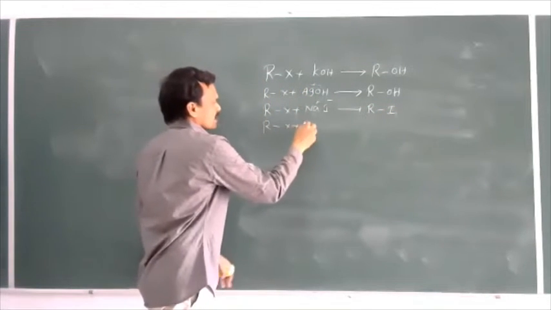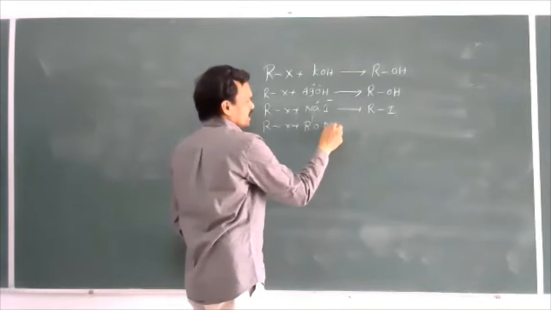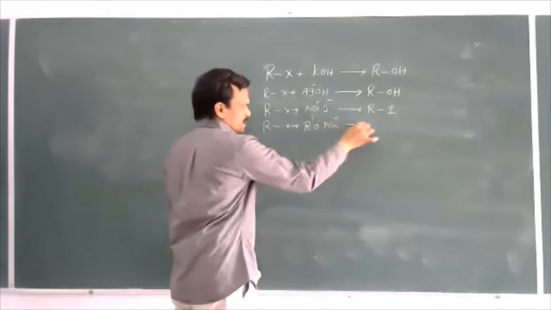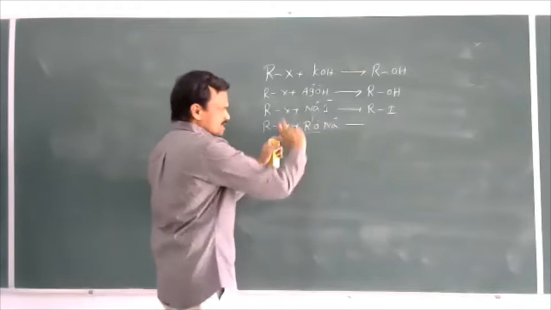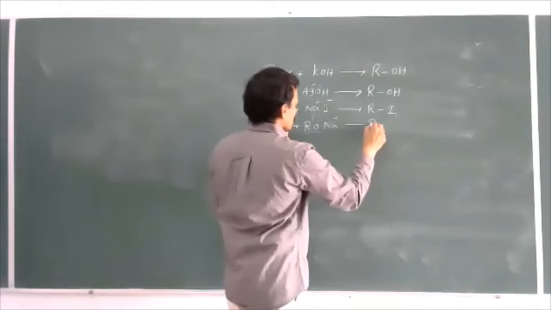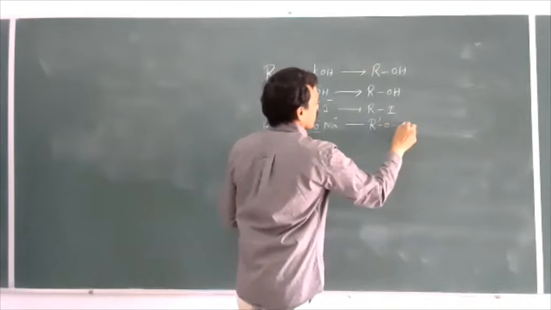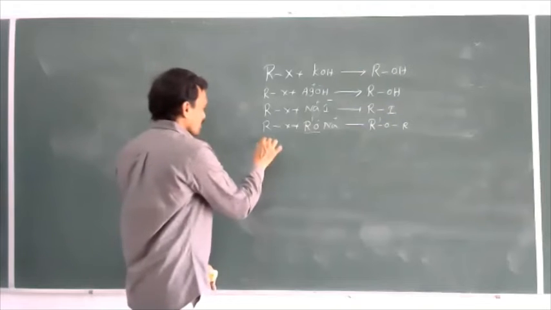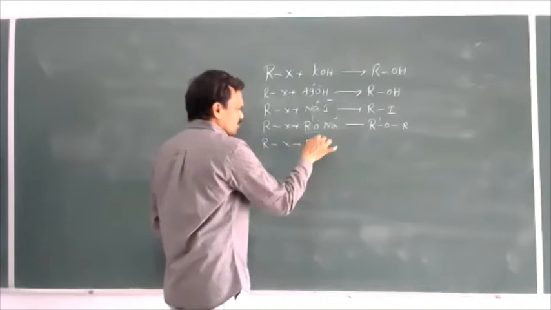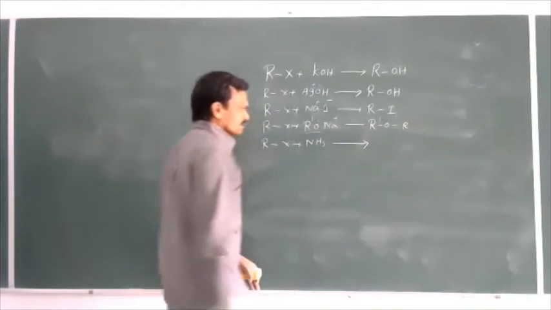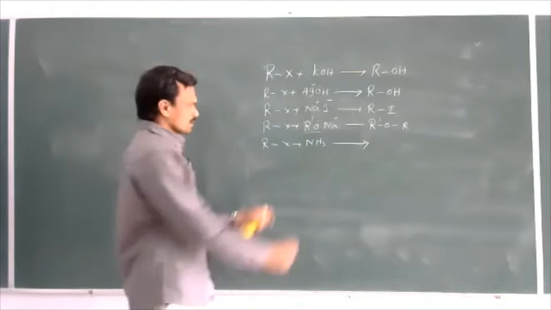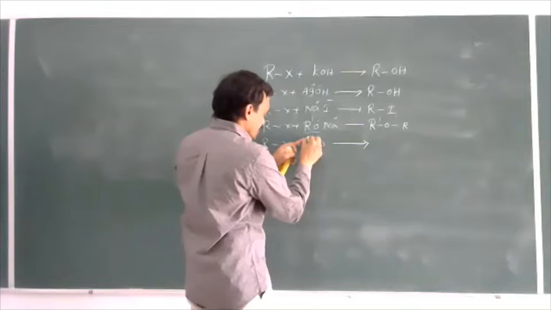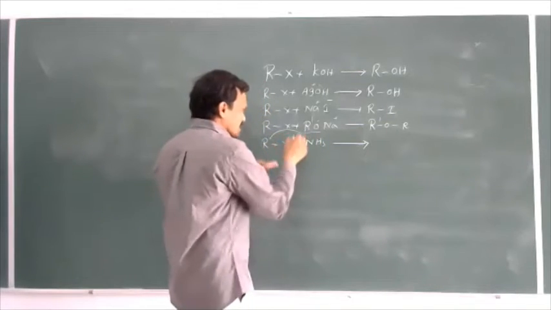RX plus R dash ONa. Now this splits as R dash O minus plus Na plus. This R dash O minus replaces X minus. Then you can get R dash OR, nothing but ether as the product. Now when haloalkane is allowed to react with ammonia, this nitrogen attacks this alkyl carbon and replaces X minus.